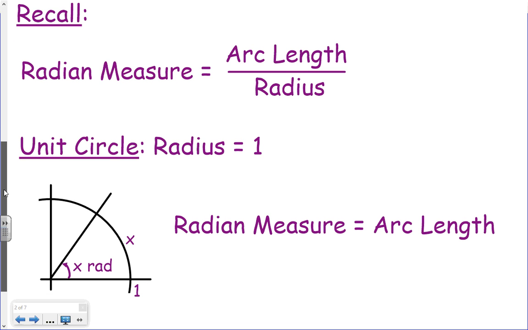And even better yet, if we were to talk about the unit circle, remember, it's defined as a circle whose center is at the origin, whose radius is 1. If your radius is 1, then when you calculate the arc length divided by the radius, that would be the arc length divided by 1, or that's just the arc length. And now I could say that for the unit circle, the radian measure and the arc length are the exact same.